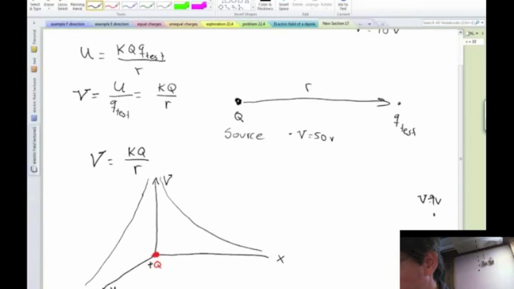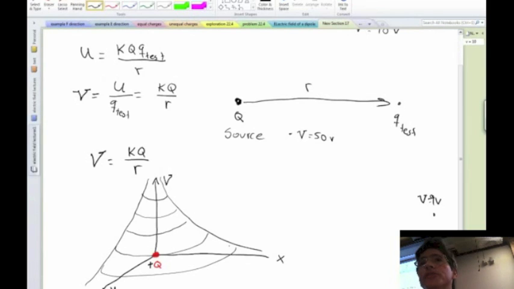And I don't know if I'm going to be able to draw this very well, but that's what it will look like. It's a surface that has a large peak at the origin of the x and y axis. And if the charge is positive, then that surface is above the xy plane, right? So it's sort of like a steep hill.